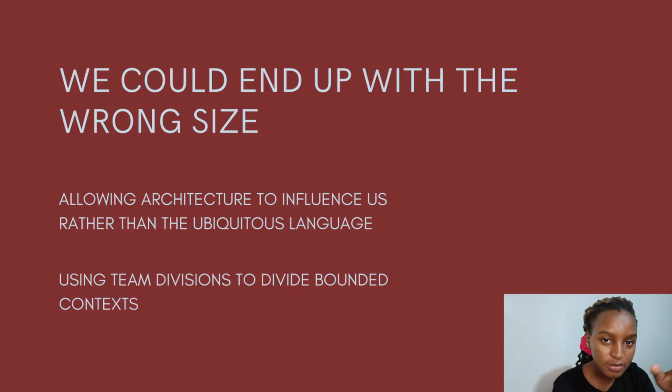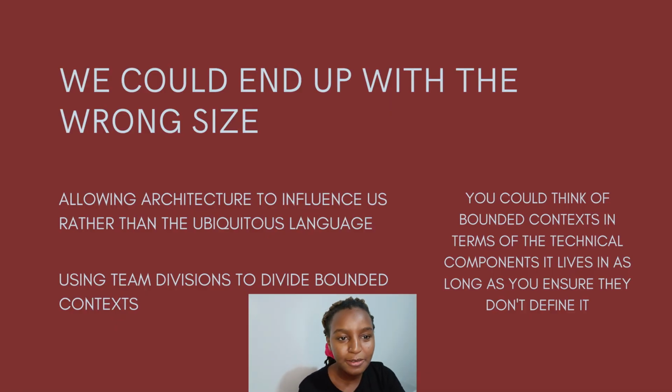It can be a hint, but be aware that it can also corrupt you when trying to create a bounded context. And last but not least, I know we've said don't use architecture, don't use team divisions, but you could think of bounded context in terms of the technical components it lives in, as long as you ensure they don't define it. So just use them as guides, use them as pointers, but that's all they should be.